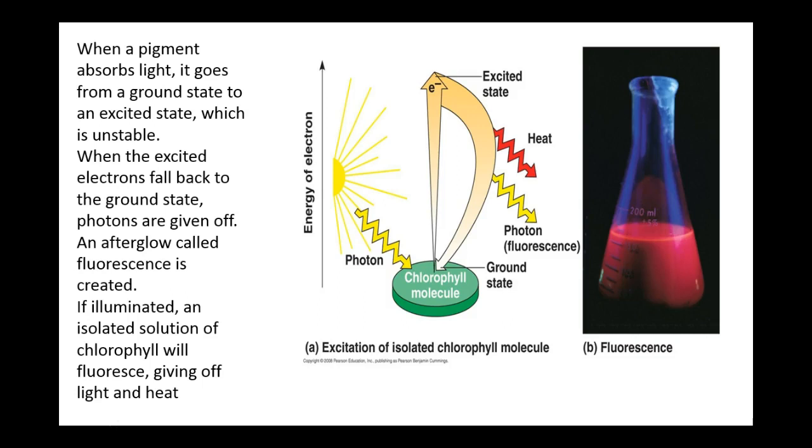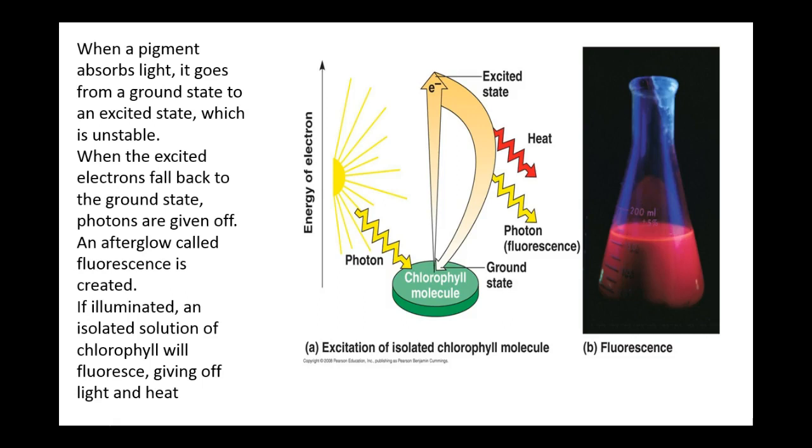So you have a pigment that actually captures the energy. After it captures the energy, it is highly unstable, and that instability is reversed, you might say, when the electron falls back into that stable state, but there is a product that is created called a photon.